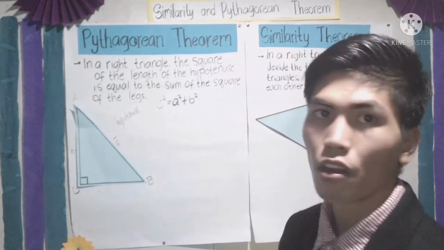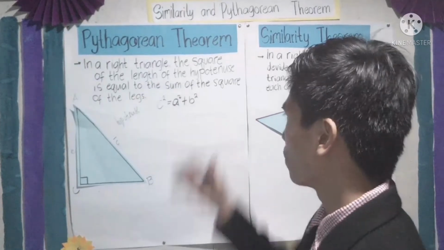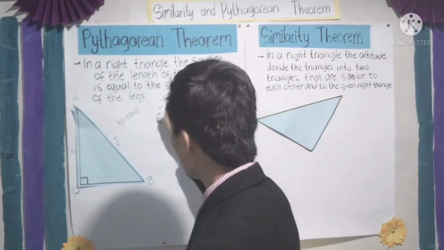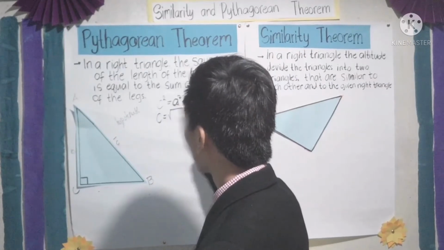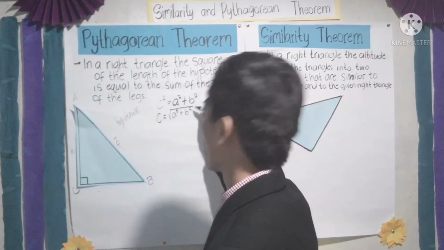That's our formula in the Pythagorean theorem. Now we extract the square root, so c equals the square root of a squared plus b squared.